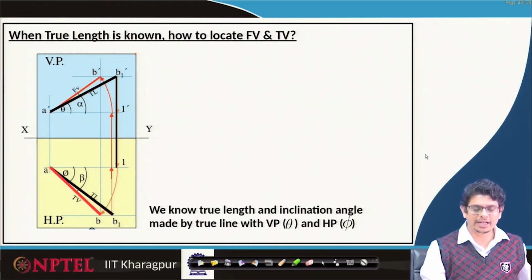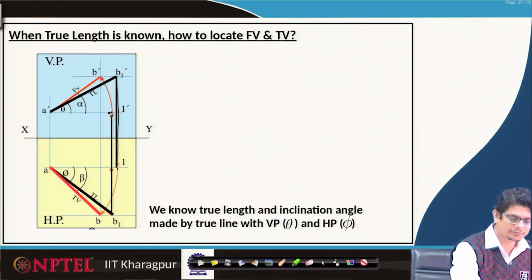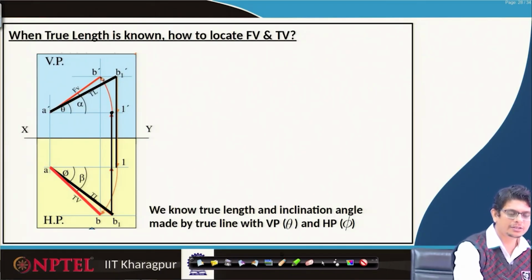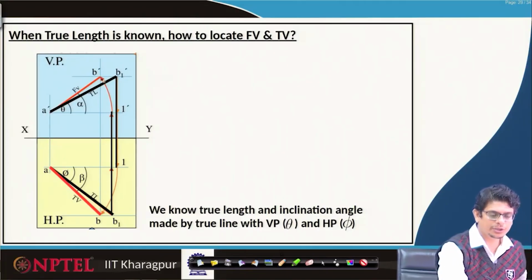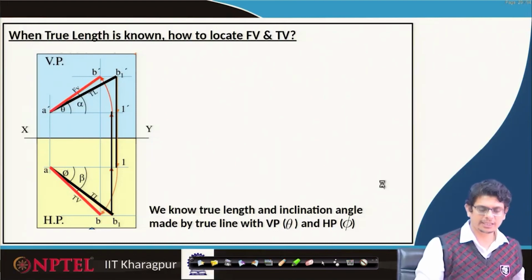Once AB line is there and already true length line we know, project it back all the way up, up to here, rotate it all the way there, so that we will be in a position to construct this front view.